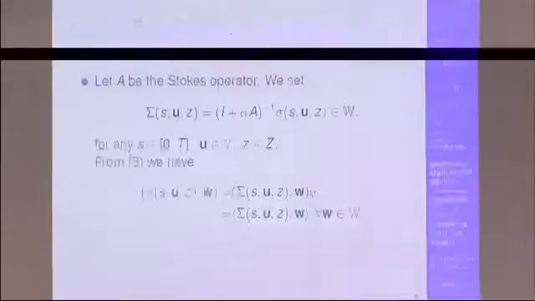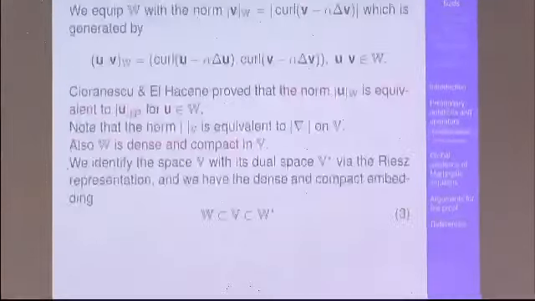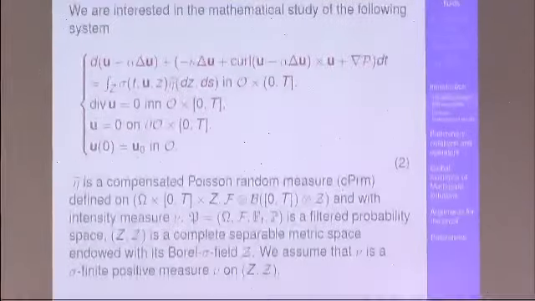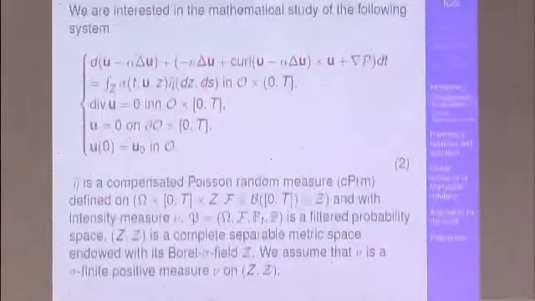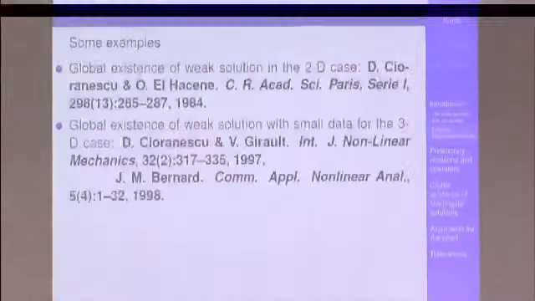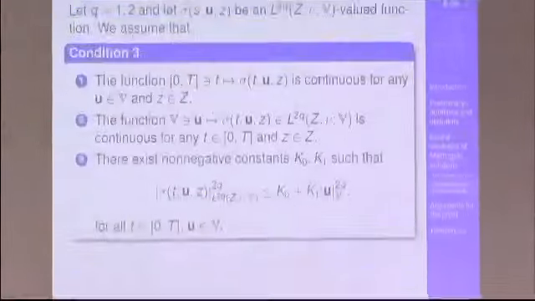And the next step is to derive some a priori estimate, which is stated in this lemma. So this is the main difficult part of the proof. So we would like to talk a little bit about it.